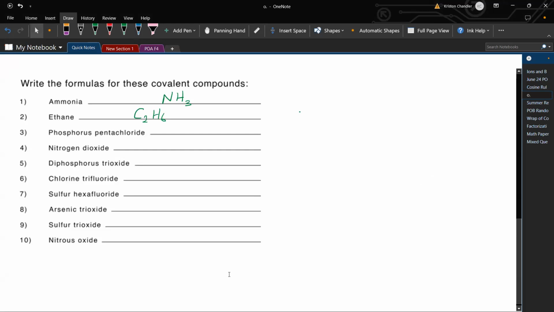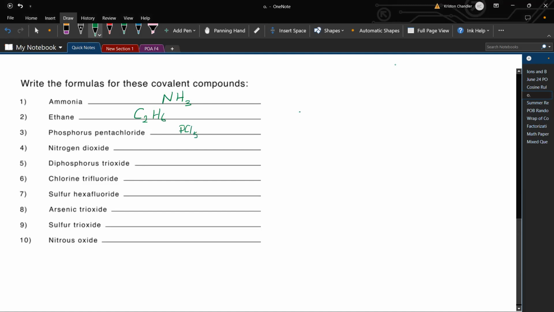What did you get for phosphorus pentachloride? What did you write as your formula? Were you able to figure that out? PCl5, good.